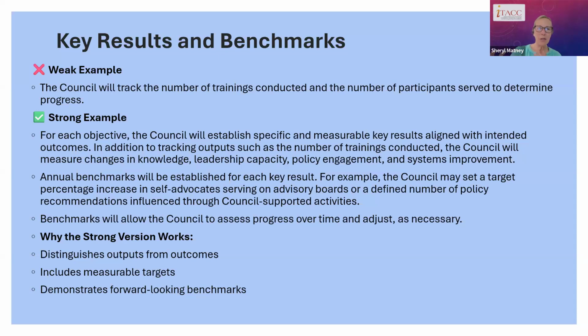When you just track numbers, that is really outputs. And again, we want to make a distinction between outputs and outcomes. And so you really want to show that you have a way to measure your objectives on the outcomes.